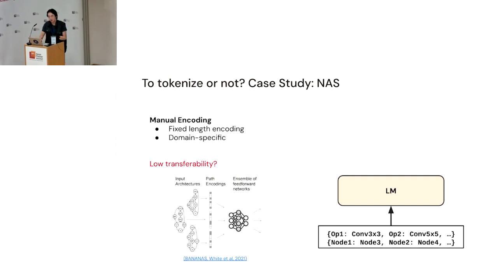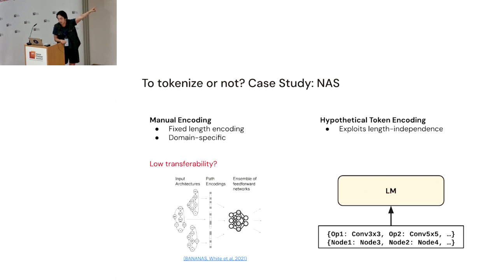But hypothetically, right, I don't think this has been explored yet, and I wouldn't know if this works or not. But hypothetically and ideally, perhaps you can exploit the length independence of the LLM, and basically represent your neural architecture as text instead, right?